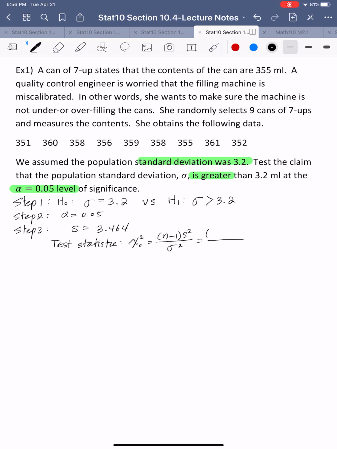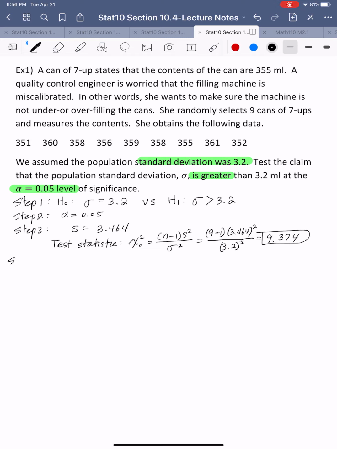You have 9 minus 1, S is 3.464 squared over sigma is 3.2 squared. So this becomes 9.374.